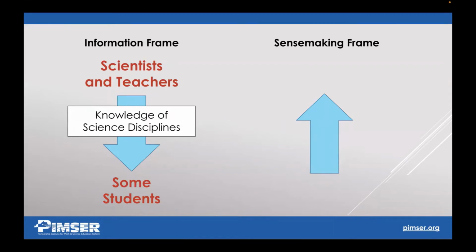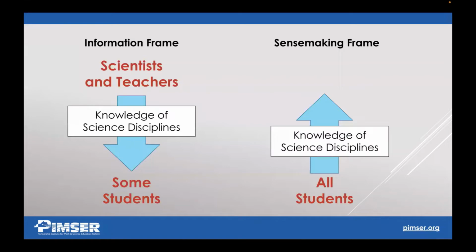And when we think about the sense-making frame, we're really trying to capture all kids. That's the equity component of NGSS. We want all students to come to understand these really important science ideas because they're important to them in their everyday lives, for making important decisions about their own life, or citizenship decisions or voting decisions that they might have to make.